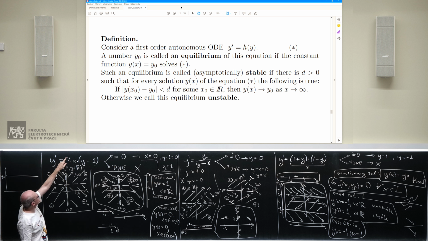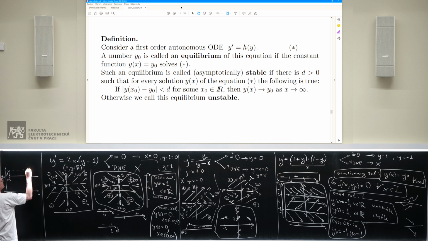If some solution gets close to our equilibrium or stationary solution, and this D tells us how close we are allowed to go, then the solution must automatically go in limit to y naught. So there is some strip, and the width of this strip is D. And if some solution gets into this strip, then in limit, it must go to our stationary solution.